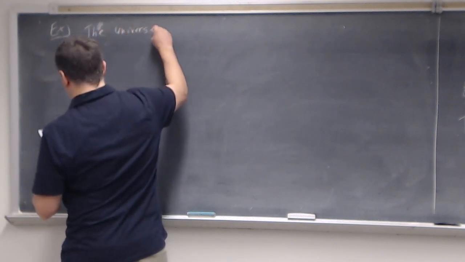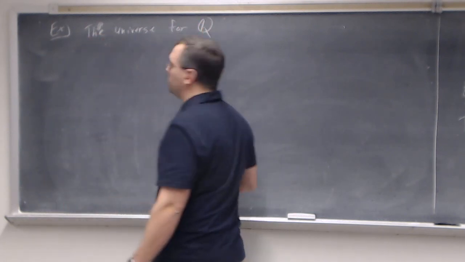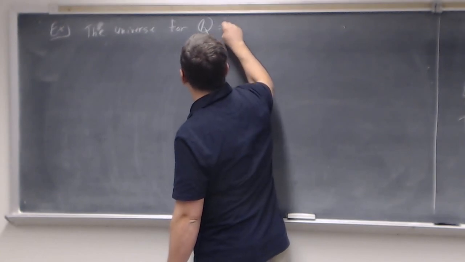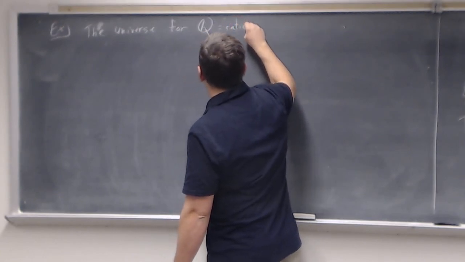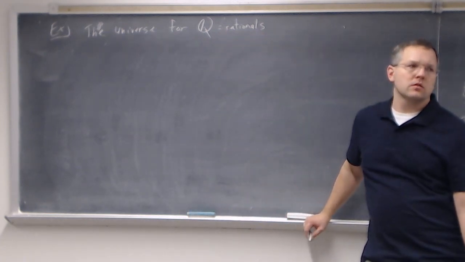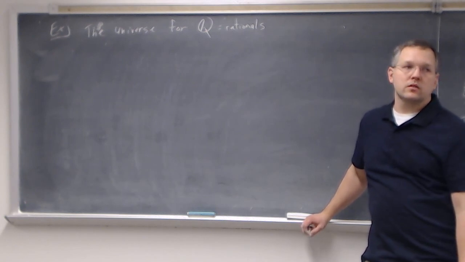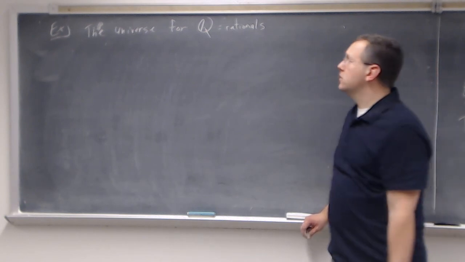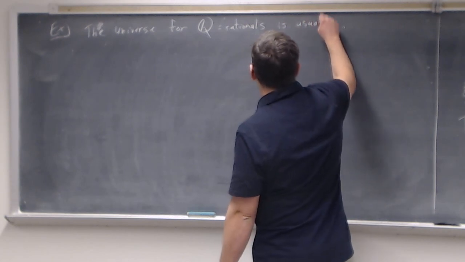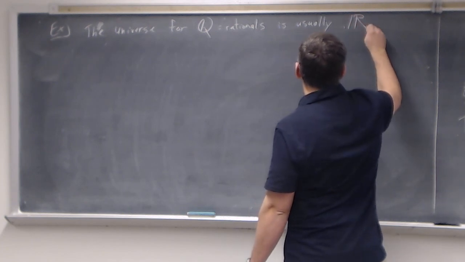Usually when you talk about the rational numbers, remember the symbol is bold Q. What do you think the universal set would be if you're talking about the rational numbers? Some bigger set that contains the rationals. Real numbers. The universe for the rationals is usually the real numbers.